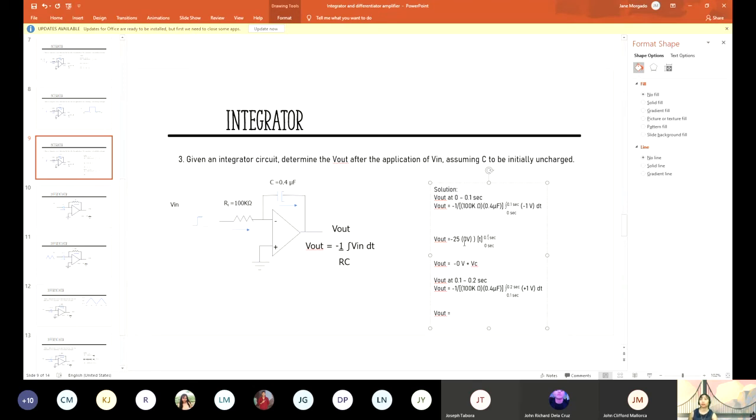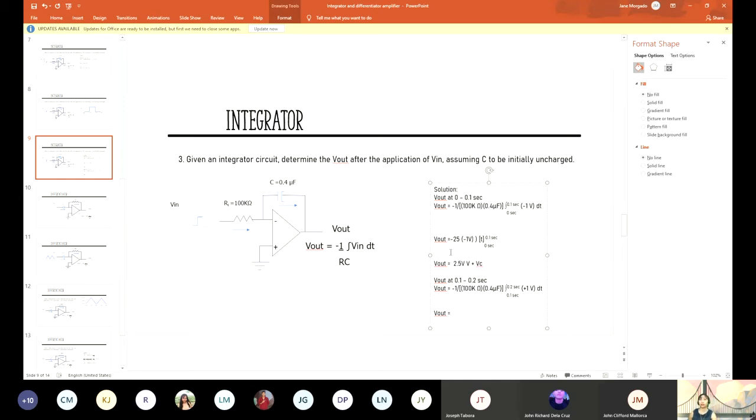Our input is -1 volt. What would be the answer for this? 2.5. We have 2.5 because we have -25 times -1, which is +25, times 0.1. So we'll have 2.5 volts.